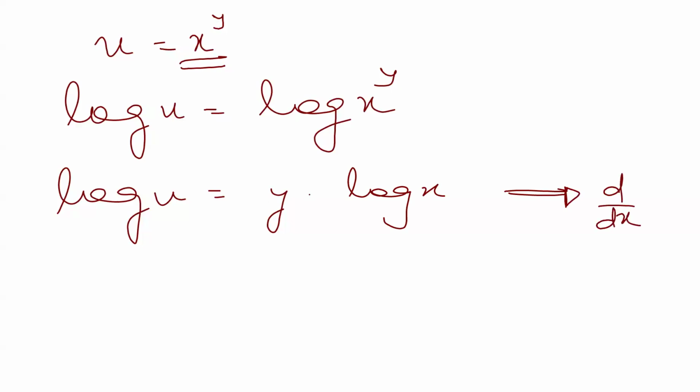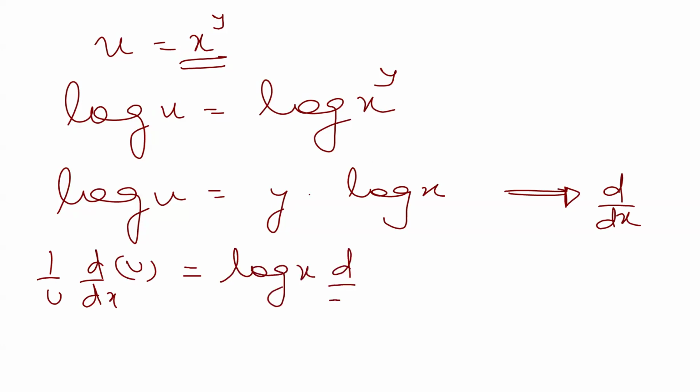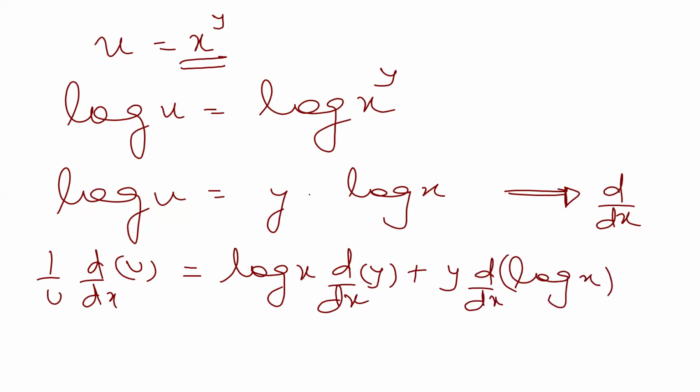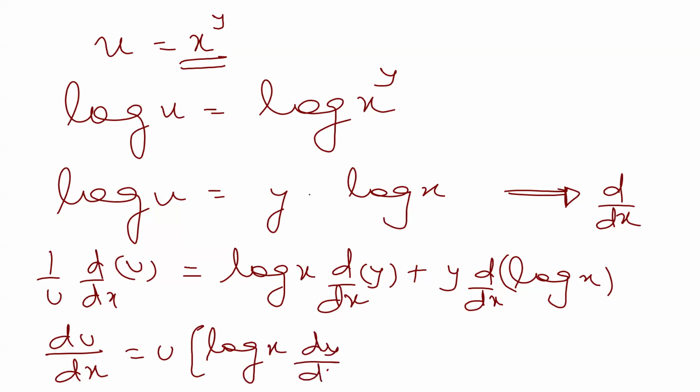So this is 1 upon u d by dx of u, and product rule on the right hand side. log x d by dx of y plus y d by dx of log x. Shift u on the other side. u into log x dy by dx plus y into 1 upon x.